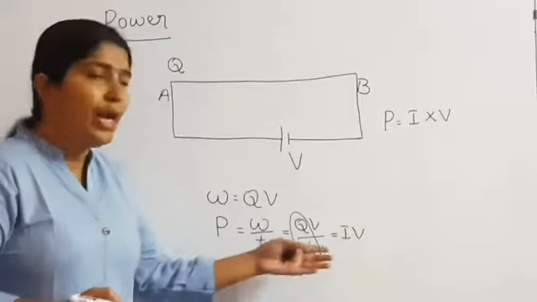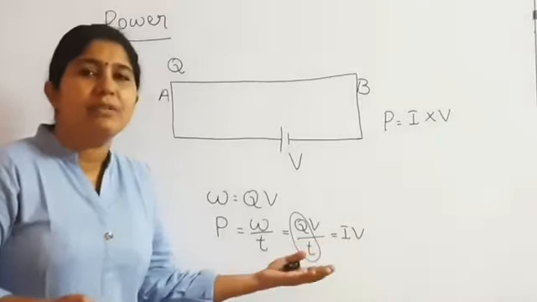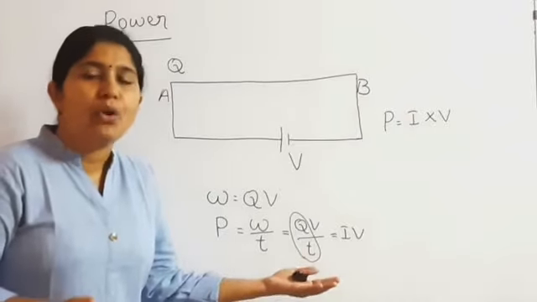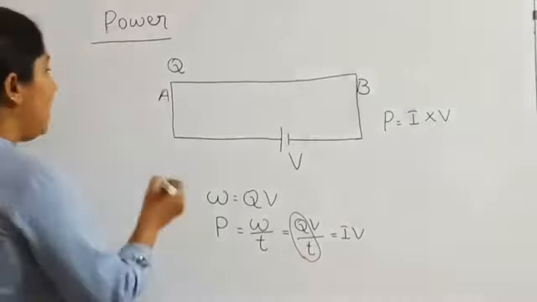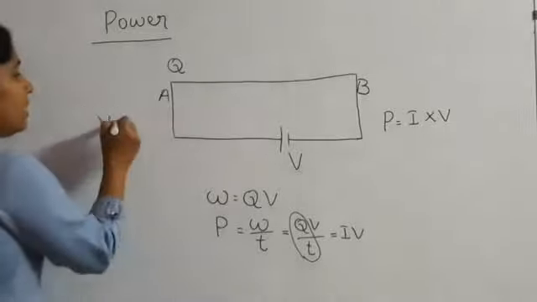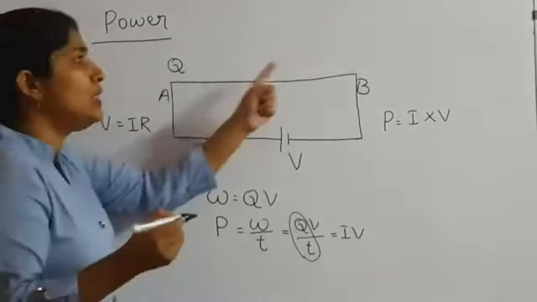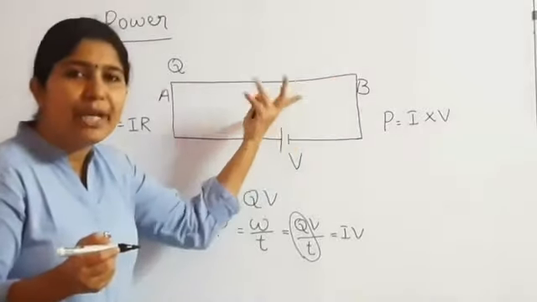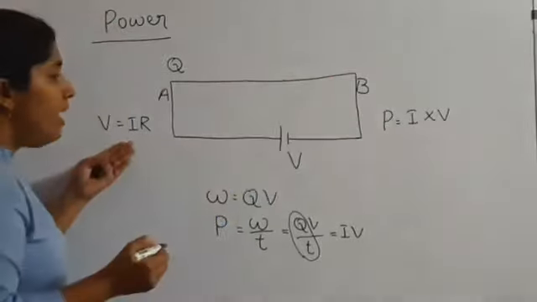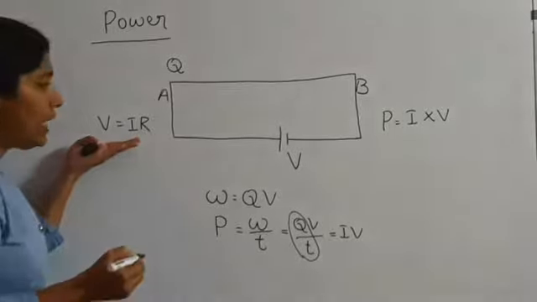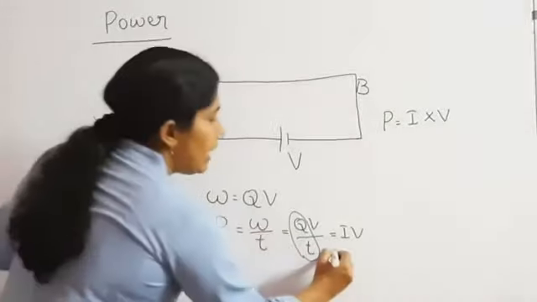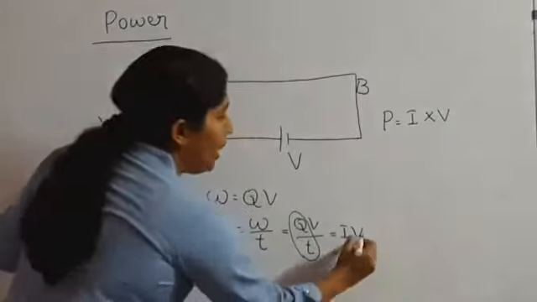Now we know what voltage V is. According to Ohm's law, the potential difference V is equal to I into R. Potential difference across the ends of the conductor is equal to I into R. We can substitute the value of voltage in this equation. So that's equal to I into, what about V?